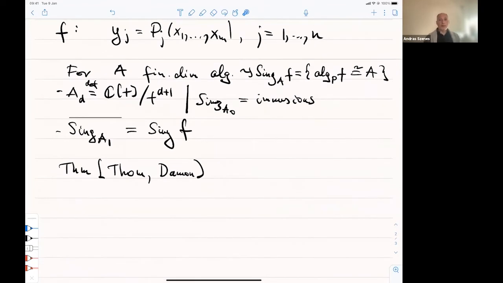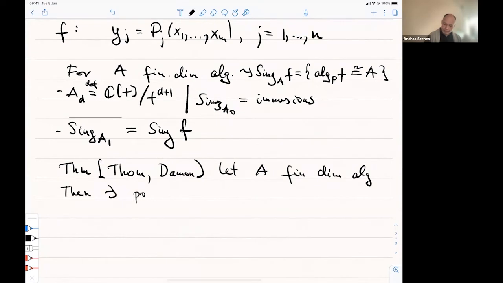So it says the following, and this works actually for any algebra A. Let A be a finite dimensional algebra. Then there exists a polynomial, which I'll just denote by Th for Thom.